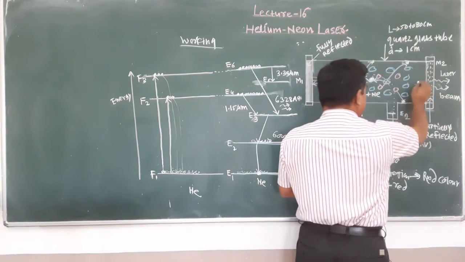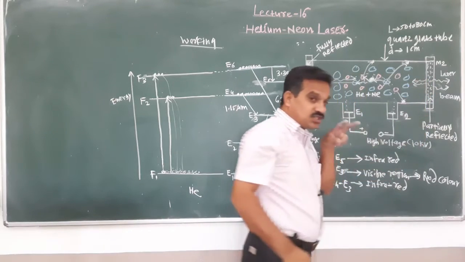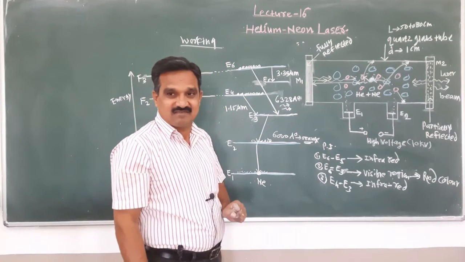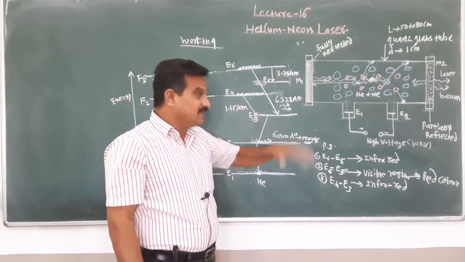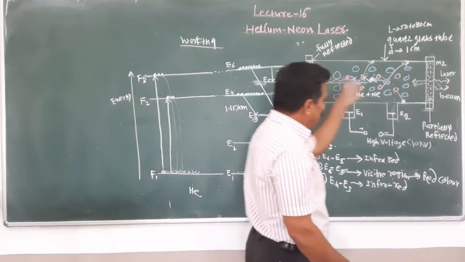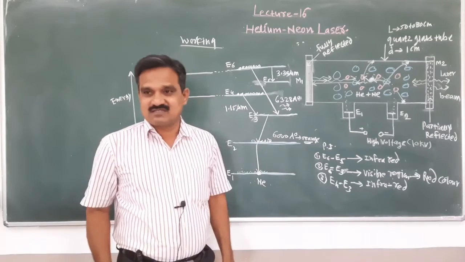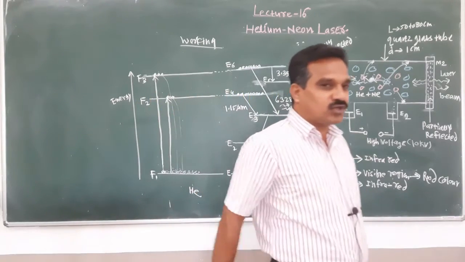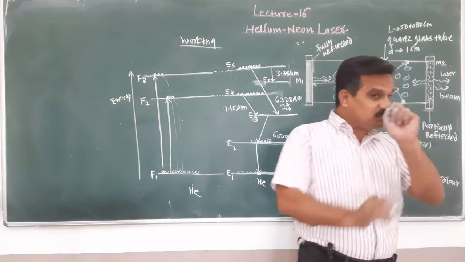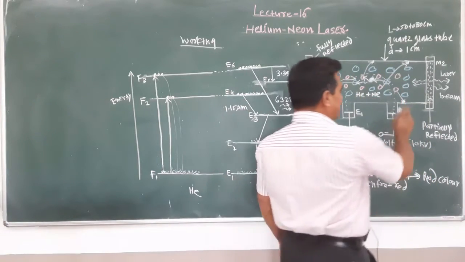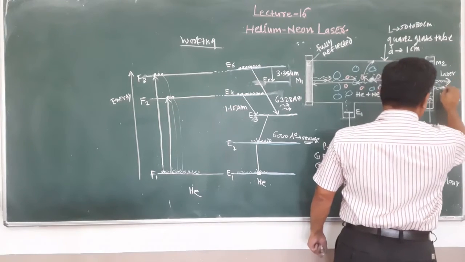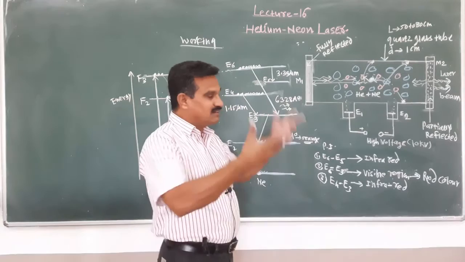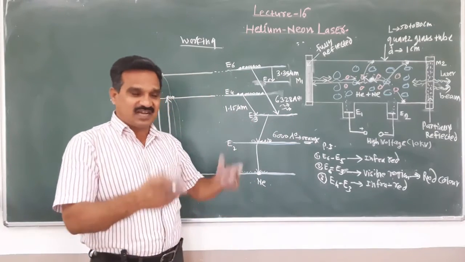These two photons again stimulate two more photons from the E6 level. This reflection back and forth takes place hundreds of times, and when a sufficient number of photons are built up and an intense beam of light is formed, that intense beam passes through the mirror, and in this way we get the laser light.